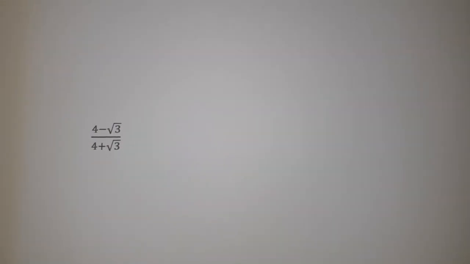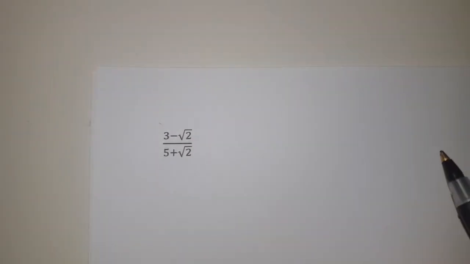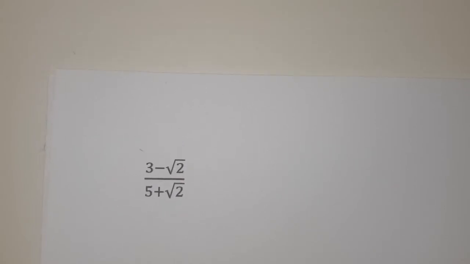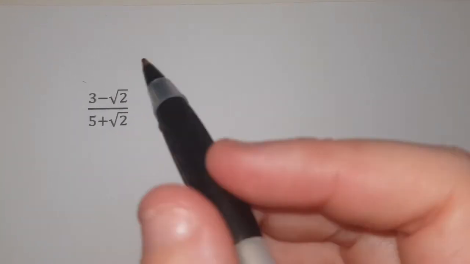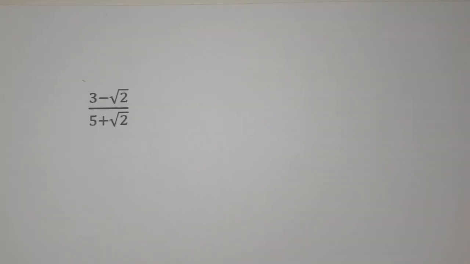Now, the last ones we're going to do are a couple of examples where they get a little bit trickier. When I say a little bit trickier, it's purely just because you've got surds on both the top and the bottom of the fraction. So if I look at this one, we don't really worry about what the top looks like. We just need to deal with the bottom. I want to get rid of any surds off the bottom of the fraction.